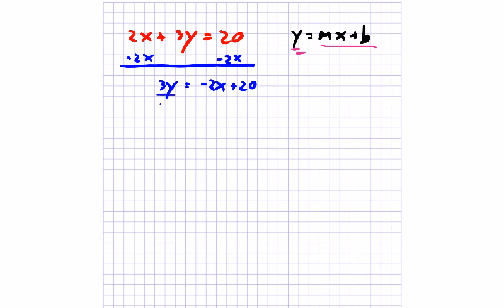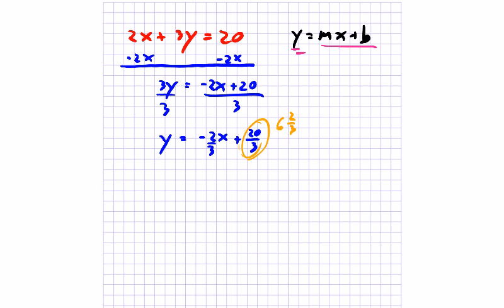I can now divide both sides by 3, and y will end up equaling negative 2/3 of x plus 20/3, which is also known as 6 2/3. So we get the same y-intercept that we got previously. We determined that this is 6 2/3, which is what we had gotten before when we substituted 0 for x.